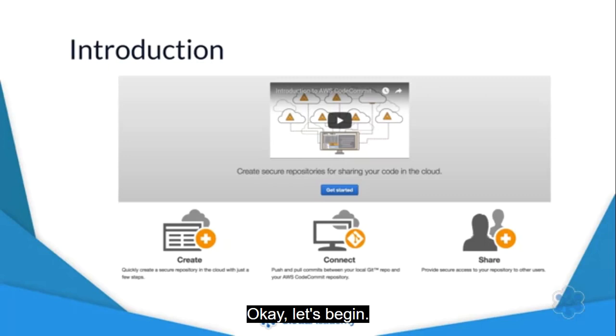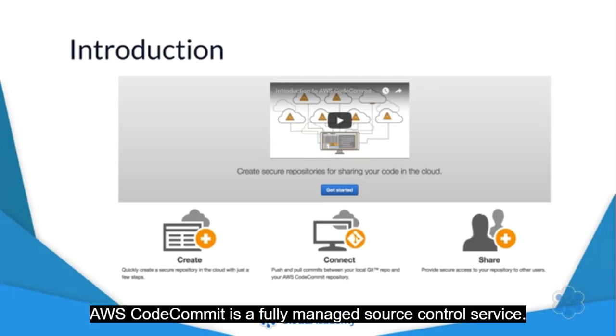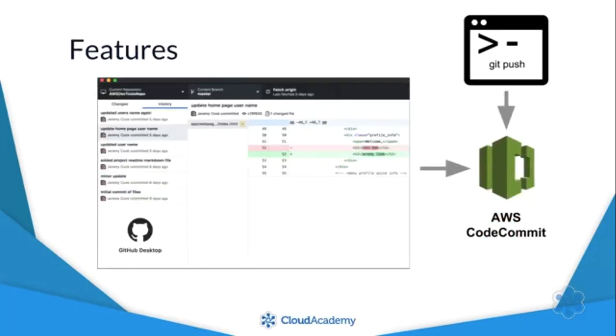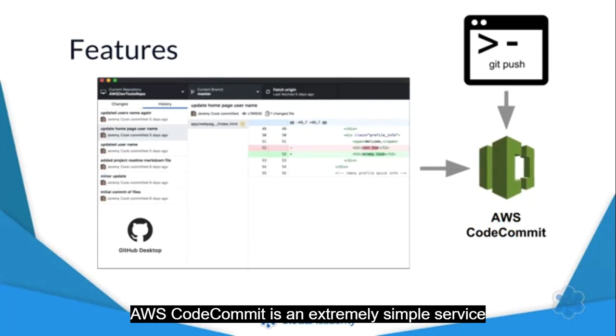Okay, let's begin. AWS CodeCommit is a fully managed source control service. AWS CodeCommit can be used to host your own private Git repositories in a fully secured environment managed by AWS. AWS CodeCommit is an extremely simple service designed with all the features you come to expect from a Git-based source control system.